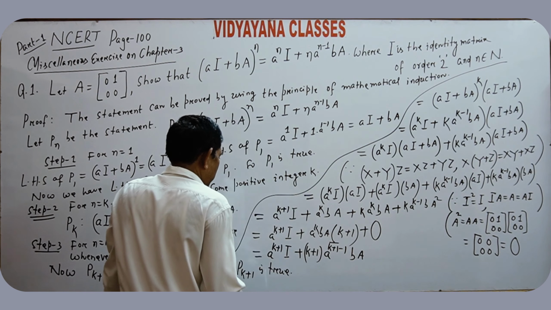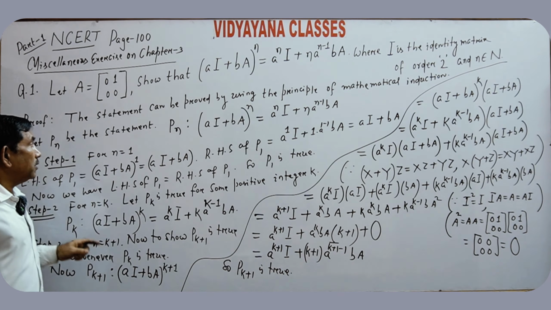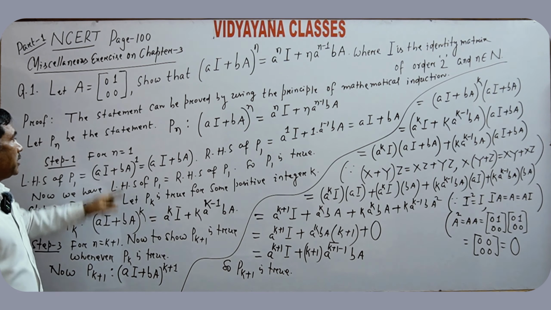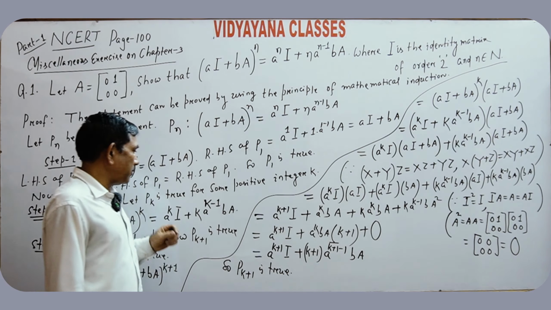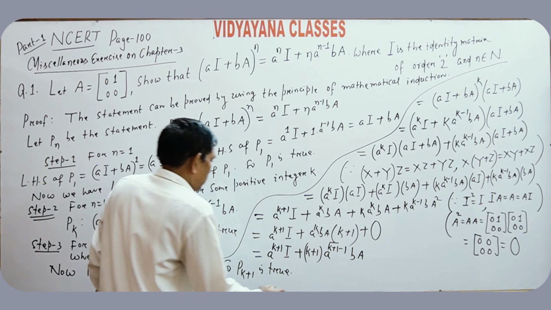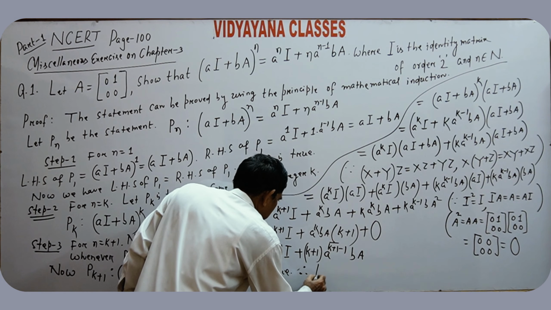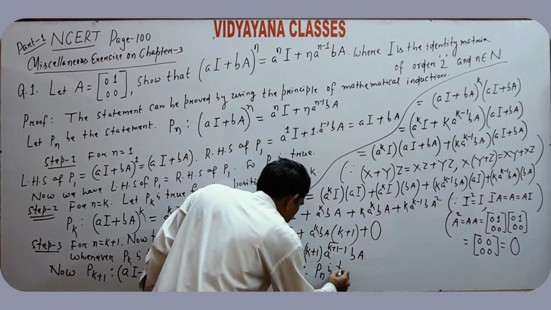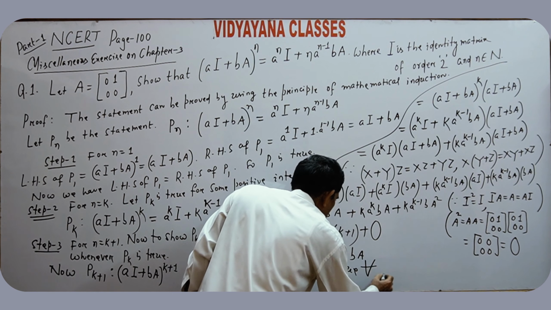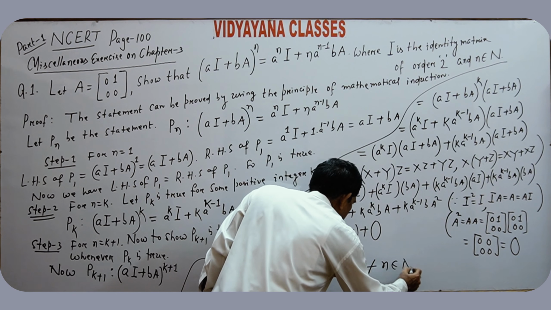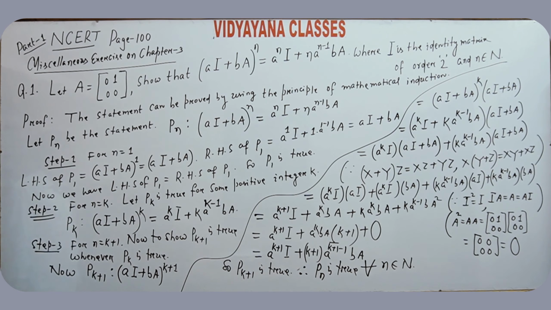So P k plus 1 is true. The statement satisfies step 1, step 2 and step 3. Therefore, Pn is true for all n belongs to capital N. Clear?